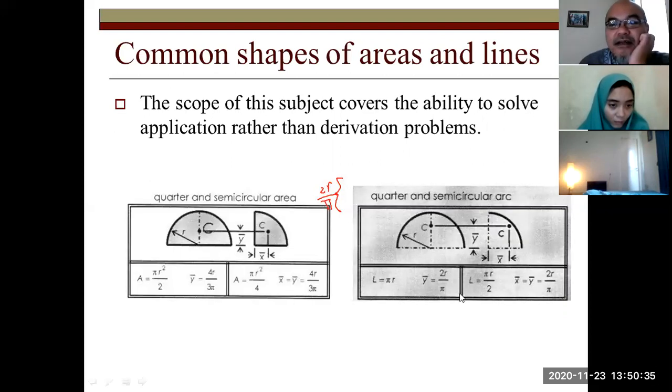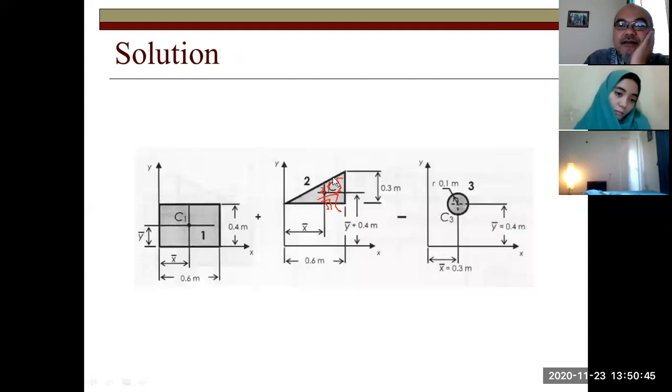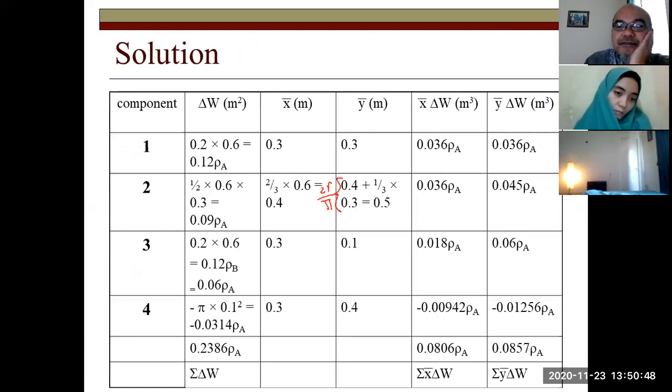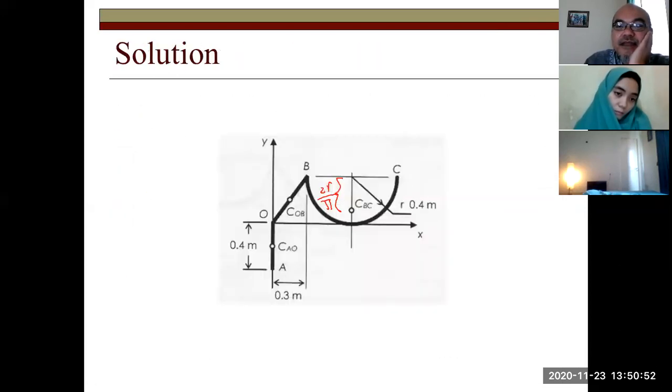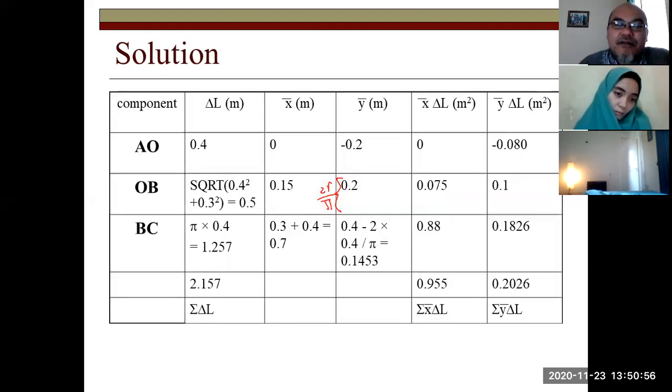Here, from the middle line until that point is 2r divided by pi. So this is correct. So 0.4 minus 2 times 0.4 divided by pi equals 0.1453.